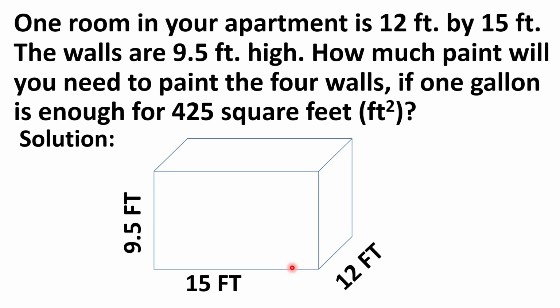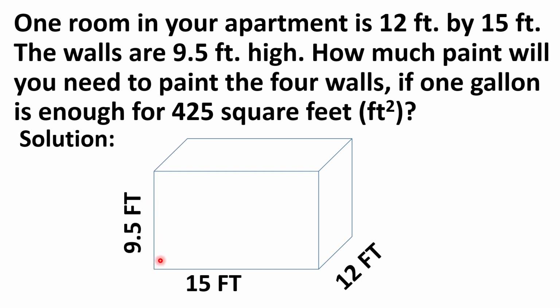As we know, we have four walls in any room in general. So it means that we have two walls of 15 feet, the opposite walls, and similarly the width, that is these two walls of 12 feet. And with this, we have the height, 9.5 feet.